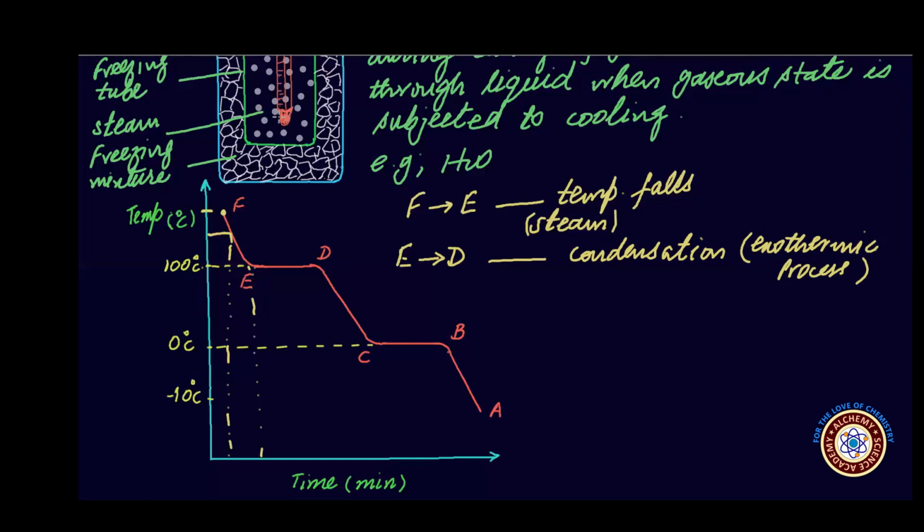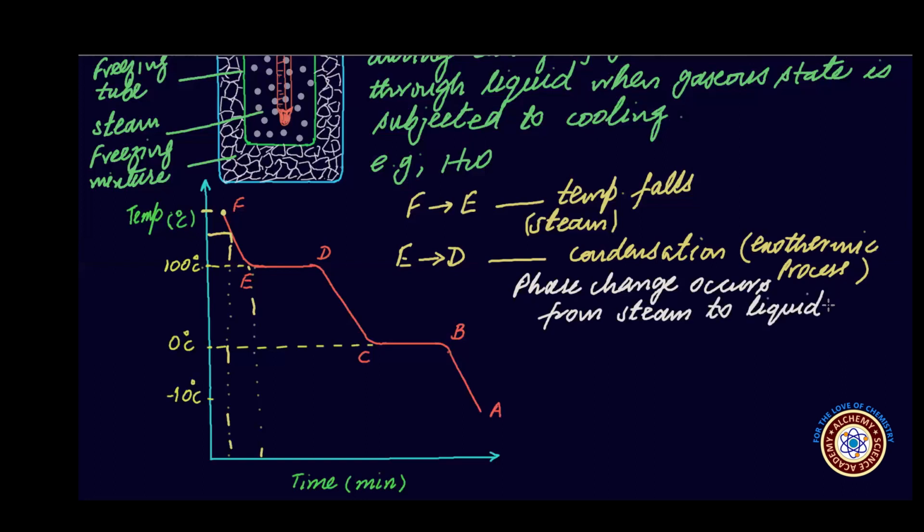The heat given out during condensation does not allow the temperature of the vapors to fall below 100 degrees Celsius until the entire steam turns into liquid. The temperature remains at 100 degrees Celsius, which indicates that a phase change is occurring from steam to liquid water.